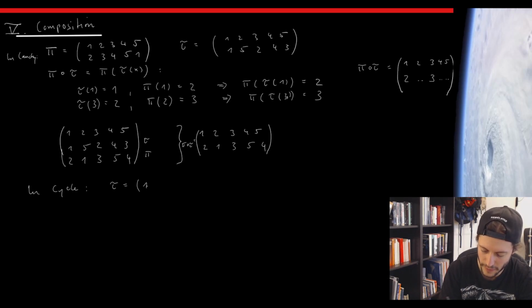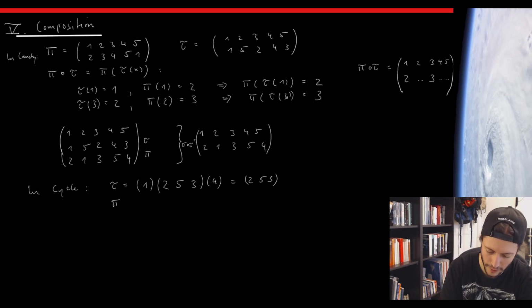Start with a 1. 1 gets mapped to 1. Okay, that was bad. Start with a 2. 2 gets mapped to the 5, 5 to the 3, 3 to the 2, that's it. And 4 stays the same. So all in all, this is 2, 5, 3. And the same for pi. If this is too fast for you, you can obviously slow down here. Pi: 1 gets mapped to the 2, 2 to the 3, 3 to the 4, 4 to the 5, and 5 to the 1.